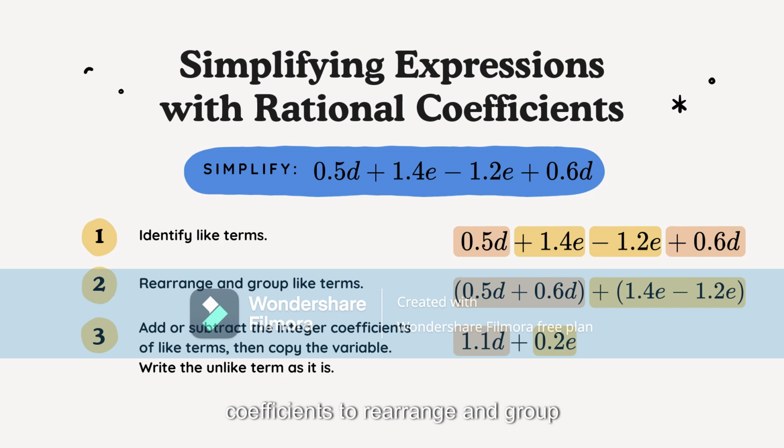Step 2. Rearrange and group like terms. Here the like terms are 0.5d plus 0.6d, and 1.4e minus 1.2e. The last step, add or subtract the coefficients of like terms, then copy the variable, write the unlike term as it is.